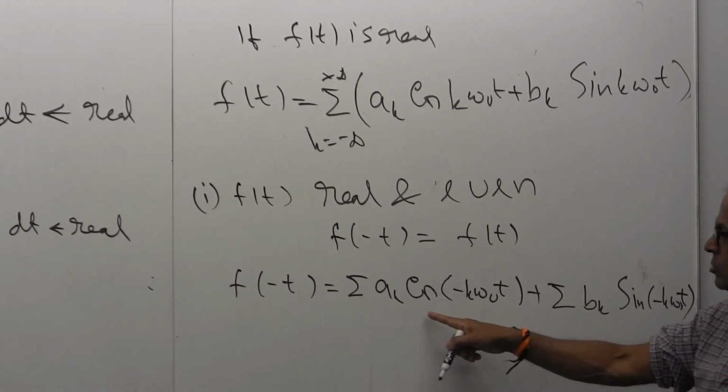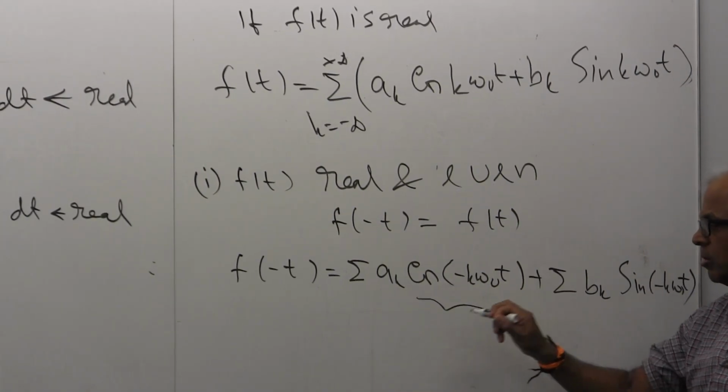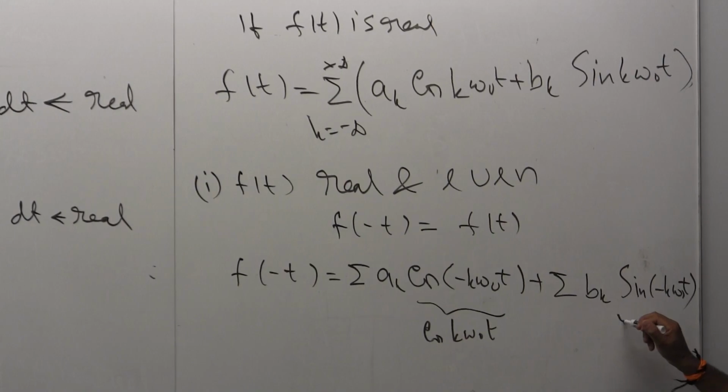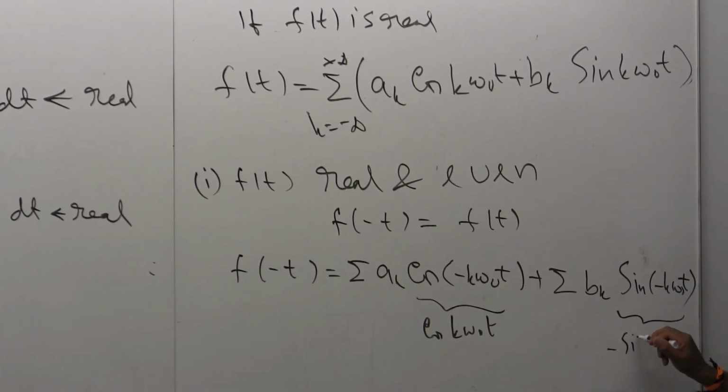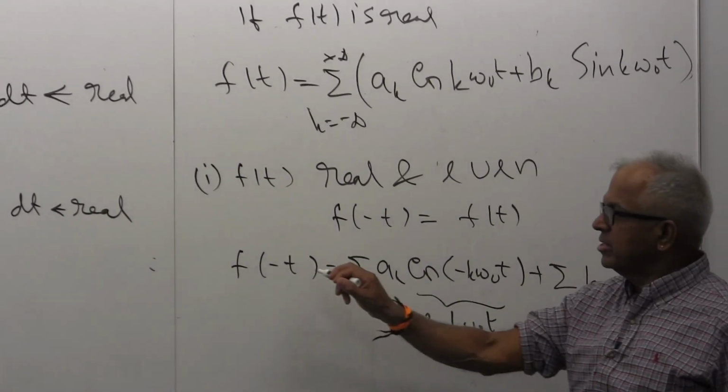So what is cosine of minus theta? Cos, so this is cos k omega naught t, and here negative sine, minus sine k omega naught t. You see that, right?